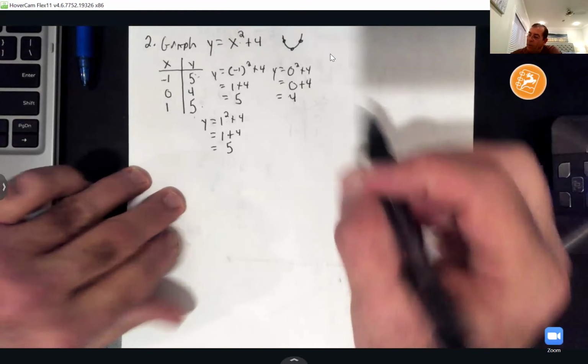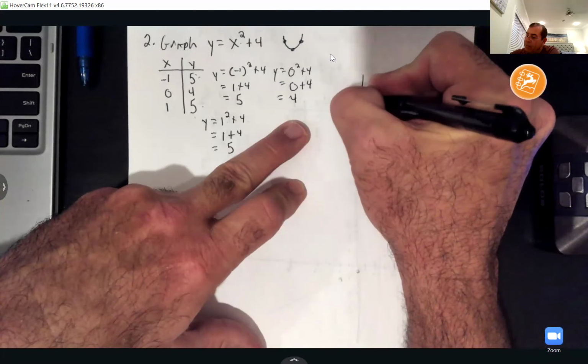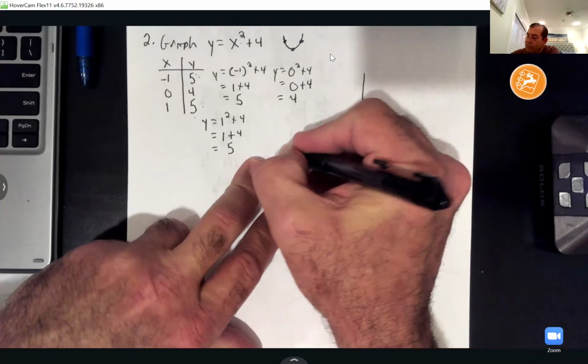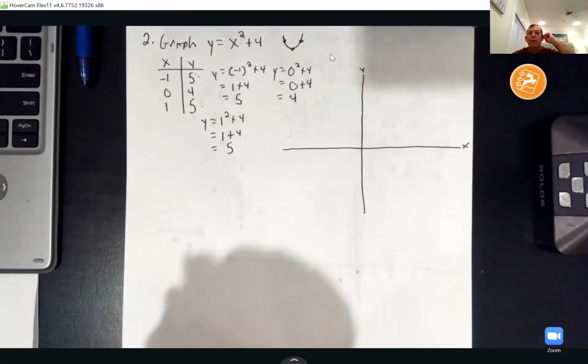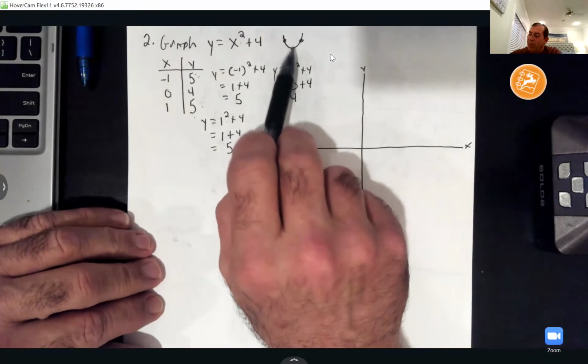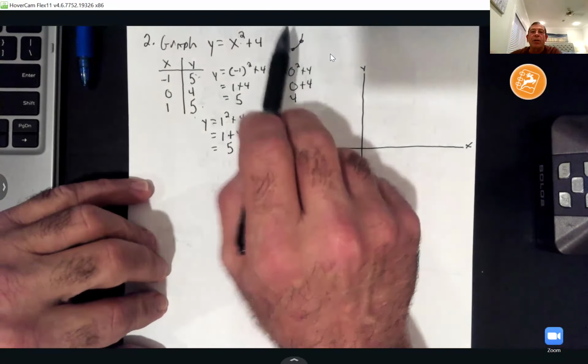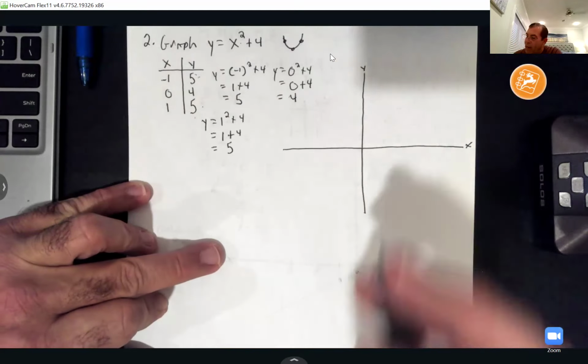All right, so I got 3 points. All right, so remember in MATLAB, you have to use the 3-point quadratic tool.